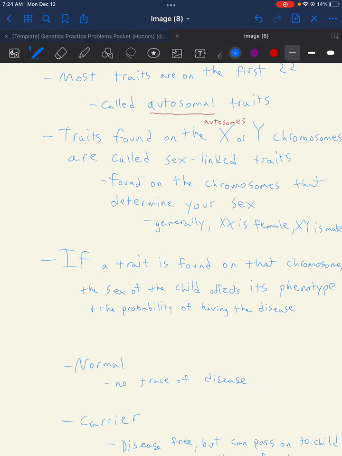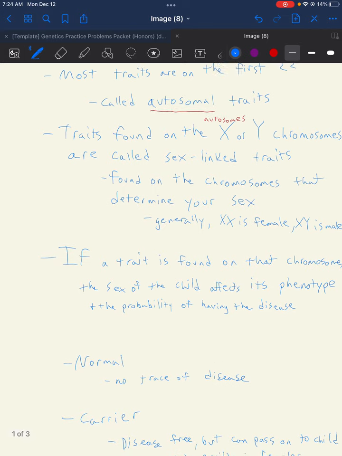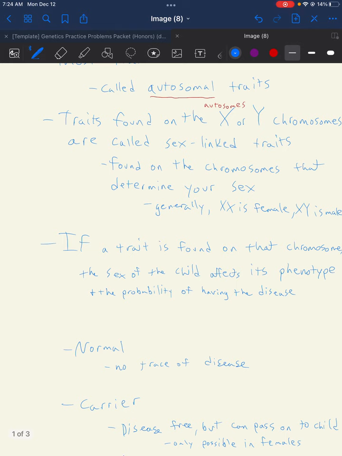And if you have not yet figured out, since you need two X chromosomes to cover it up, almost every single time it is only possible in females. In fact, it would be every single time, because if you were to be an XXY male, those two X's would be pretty much clones of each other.